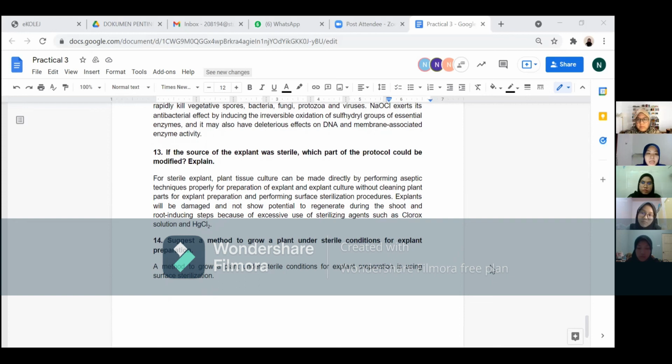If the sterilization fails, there will be little effect on cell division and it will restrict growth and development of the explant. I think that's all for my answer.